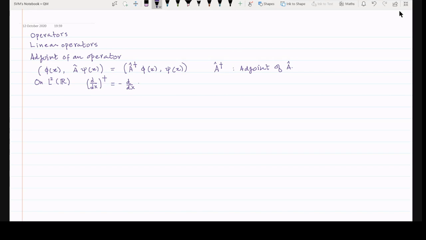That is our second point, physical observables. Essentially, these physical observables are properties.